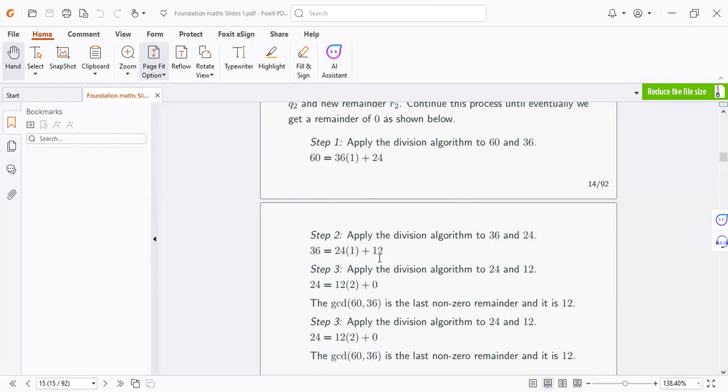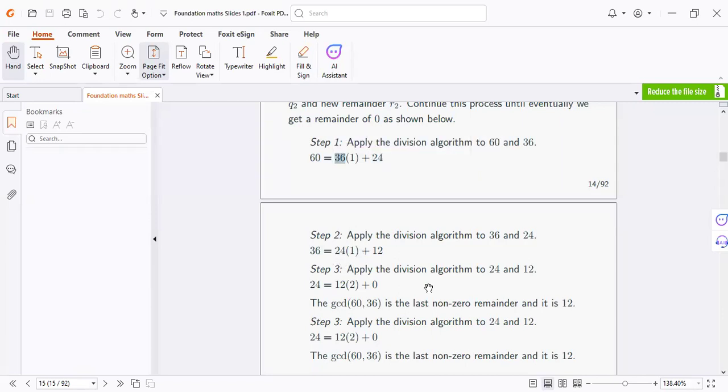Now, I've just given the steps here, and I'd say that we applied the division algorithm to 36 and 60. So we're asking ourselves, how many times does 36 go into 60? I've written it in a bracket: it goes there once and the remainder is 24. Then step 2, that remainder, which is 24, how many times does it go into 36?